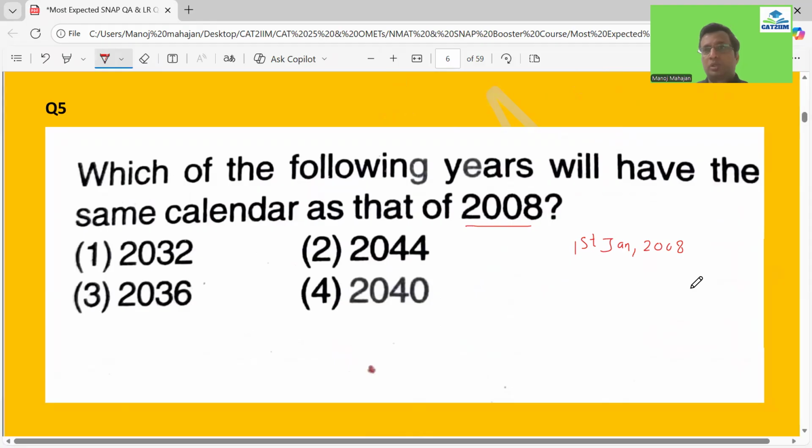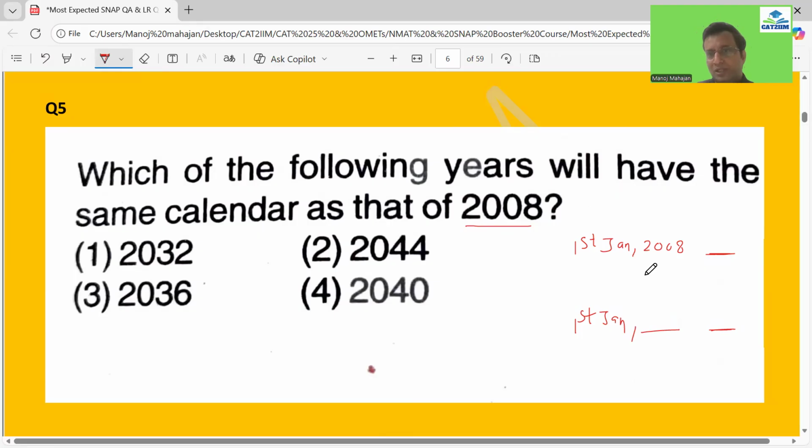I just need to look at the number of extra days coming, a multiple of 7. Whatever day was 1st Jan 2008, out of the choices I have, the day should be the same, right? In that case, the calendar would be completely the same. And it would definitely be a leap year as 2008 is a leap year. So to repeat the calendar, I have to take the leap year.